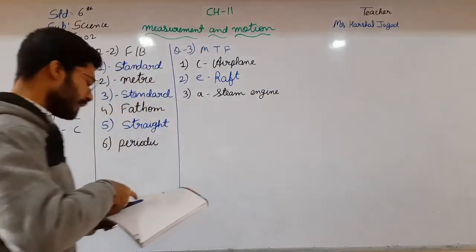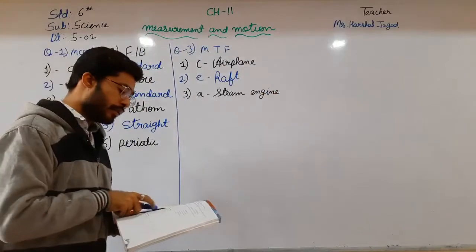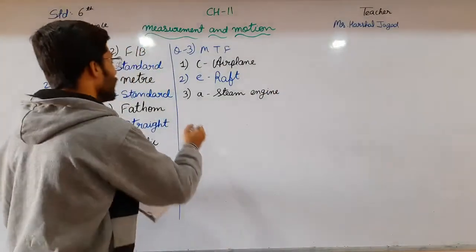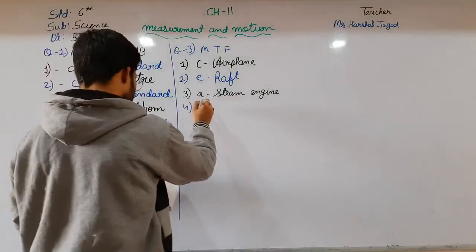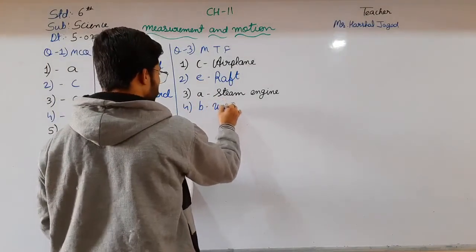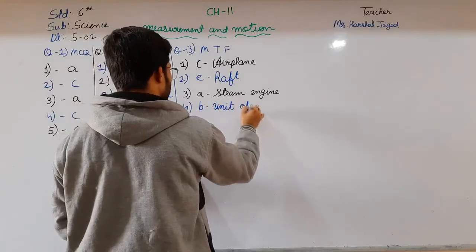Fourth one, that is kilometer. Kilometer is a unit of length, so the fourth one will be B, unit of length.